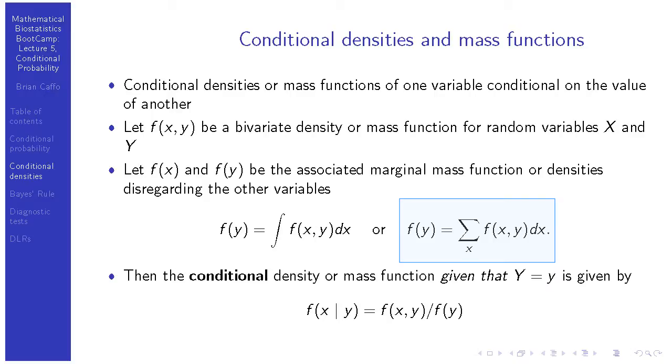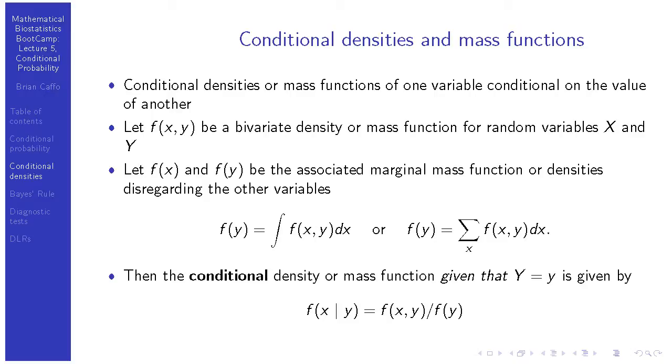In other words, if you want to know, regardless of what happened with respect to x, what the probabilistic behavior of the random variable y is, you have to integrate over the random variable x over all the potential values it could take with what probabilities, and then you get the marginal behavior of the random variable y. Similarly, you could get the marginal for x: f(x) is the integral of the joint density over y, or the sum of the joint mass function over y.